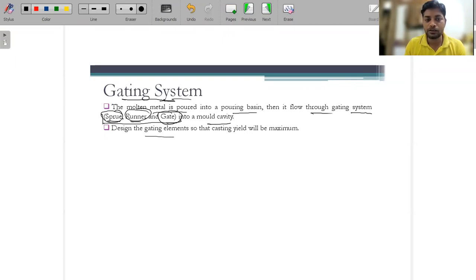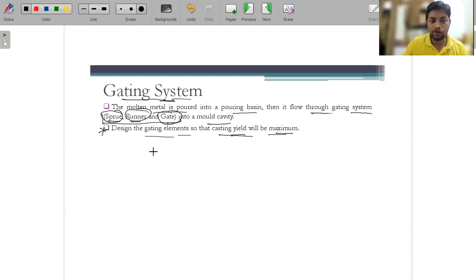Designing the gating elements so that casting yield will be maximum. Guys, whenever we are designing these gating elements, a very important point is that the casting yield should be maximum. Then what is the meaning of casting yield?